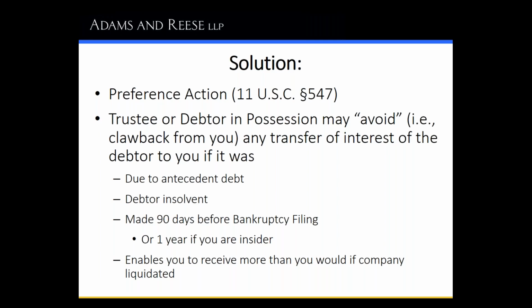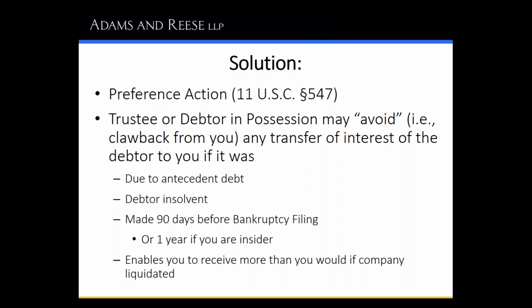Now, there are limits on how that preference avoidance action works. For non-insiders, the preference has got to be made within 90 days. So going back to my basic example, if I pay Angela her $1,000 and then wait, instead of 3 months, 4 or 5 or 6 months to file bankruptcy, she has a defense.